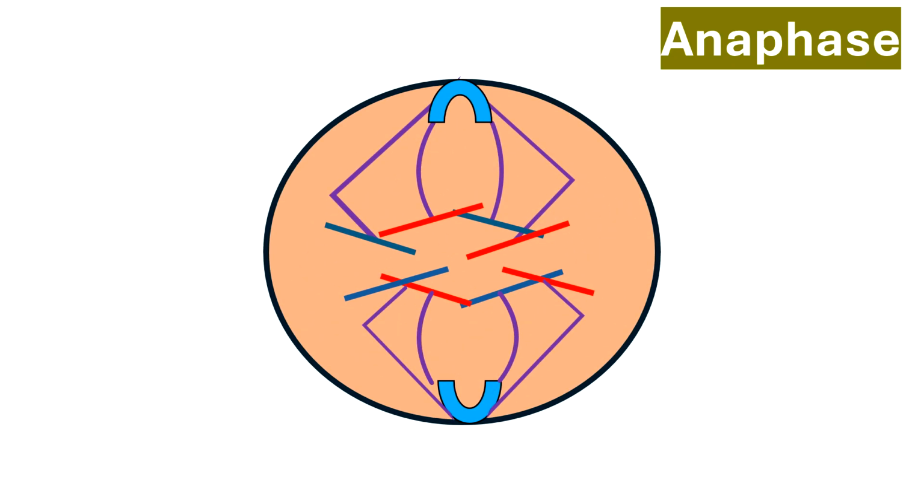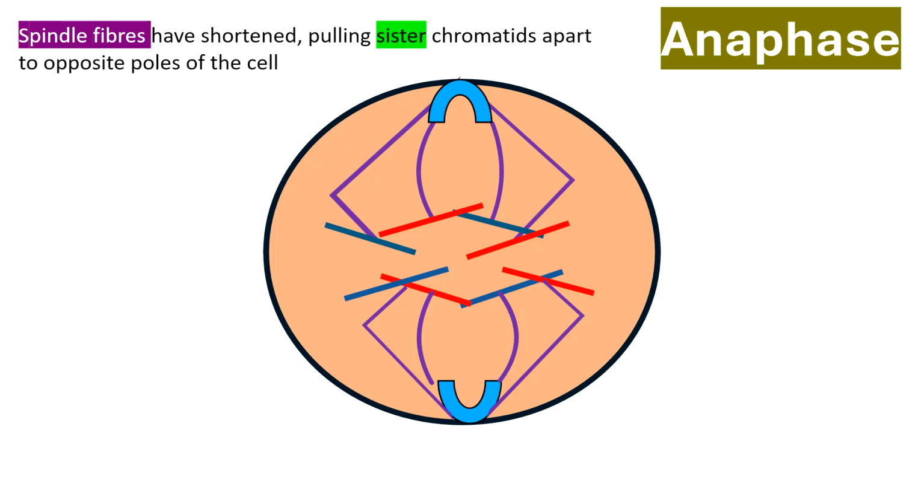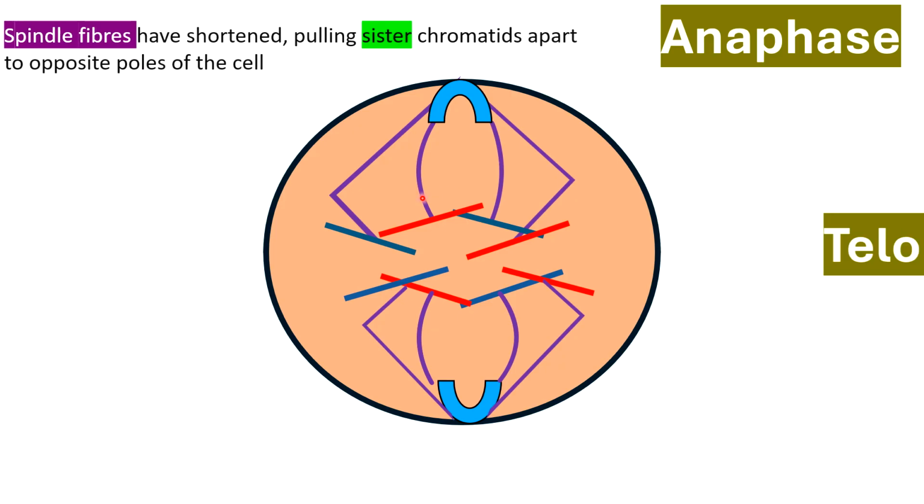What just happened? Well, these spindle fibers have shortened, as you've just seen, and this pulls the sister chromatids apart. We know that the spindle fibers used to be stretched out to the middle, and boom, they go closer to the poles, pulling the sister chromatids with them.